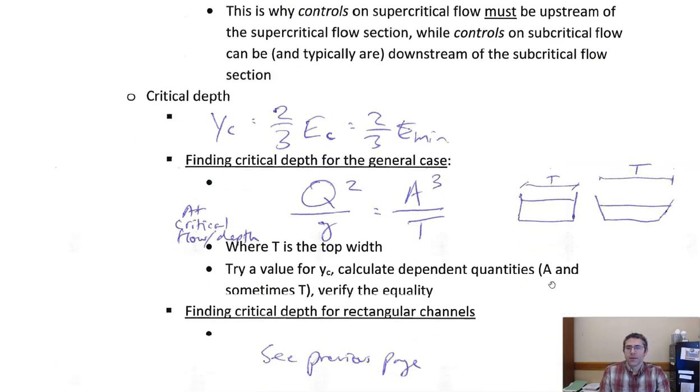Okay, so we'll talk about flow controls more later, but one thing I didn't mention earlier, the critical depth, Y sub C, can be shown to be 2/3 times E sub C, or 2/3 times E min.